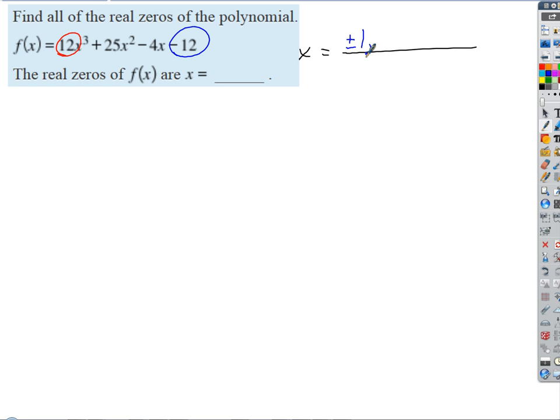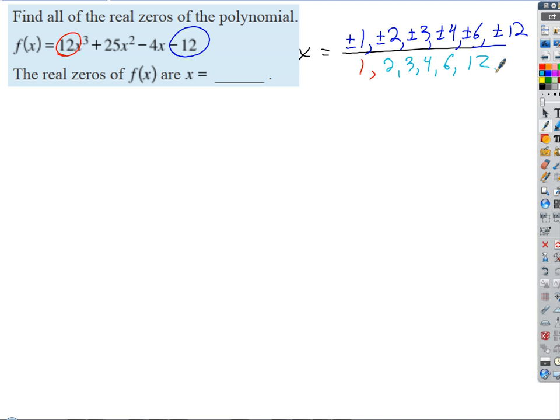Okay, so we get plus or minus 1, plus or minus 2, 3, 4, 6, 12, divided by potentially the same stuff. On the bottom, I won't put the plus or minus signs because we've already got them on the top. But the denominator could be 1, or it could be 2, 3, 4, 6, or 12.